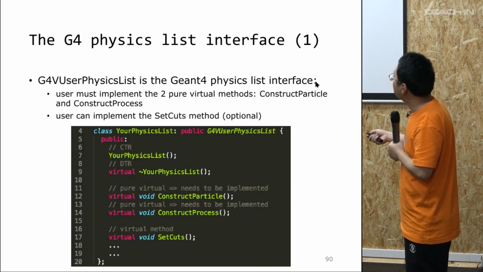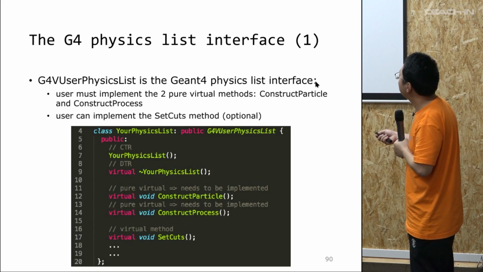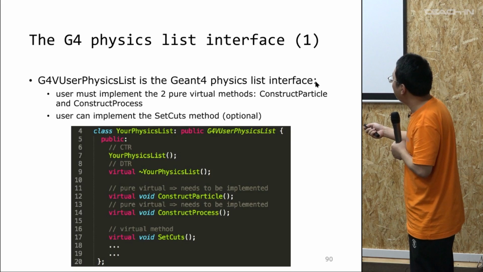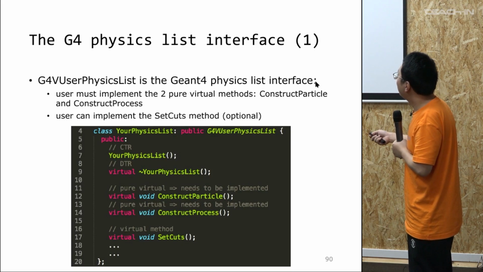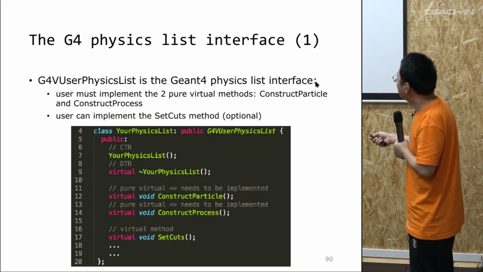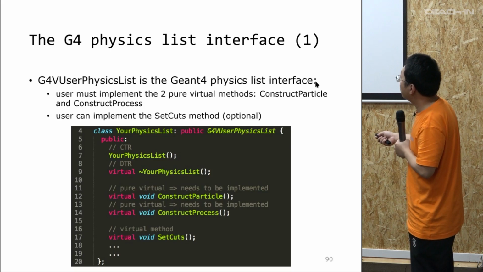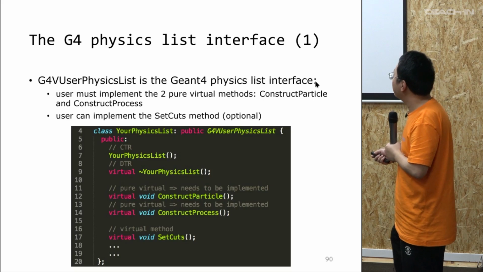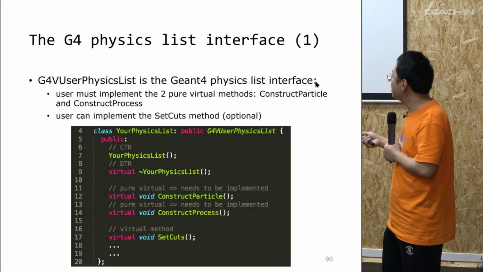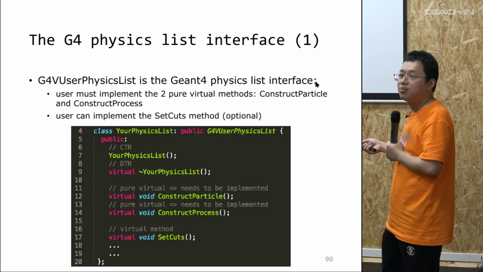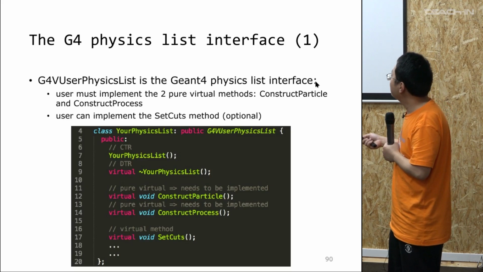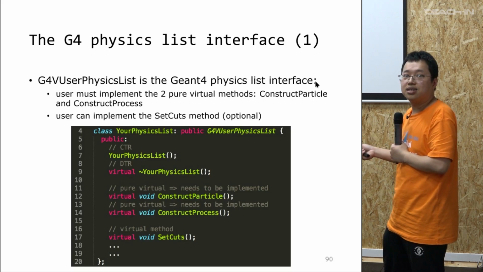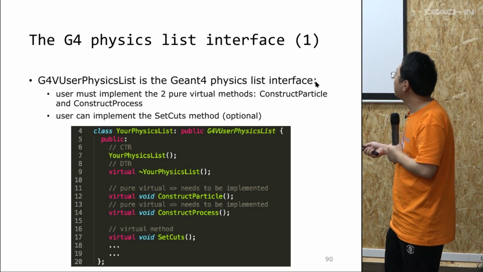So this is just a simple example. You have to create your own physics list class, and you have to follow Geant4's rules to implement ConstructParticle and ConstructProcess. And also, if you remember, yesterday we mentioned the production cut. So in that physics list, you can also set this cut for the particles.